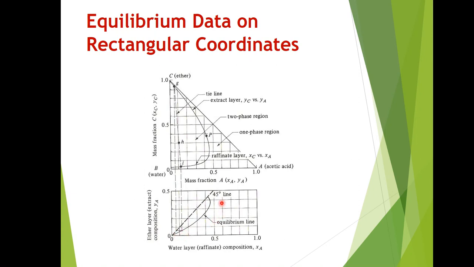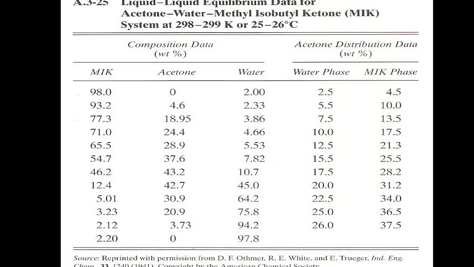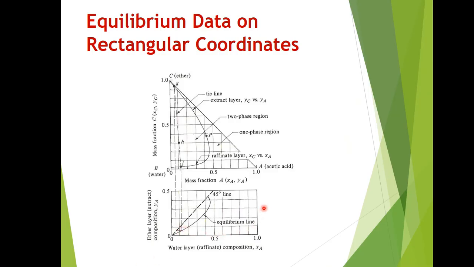The curve here is constructed based on the data on the leftmost part of the table. The last two columns represent the X and the Y that will be plotted to give you this rectangular equilibrium data that goes with the triangular data. This is how you interpret the last two columns in the table.